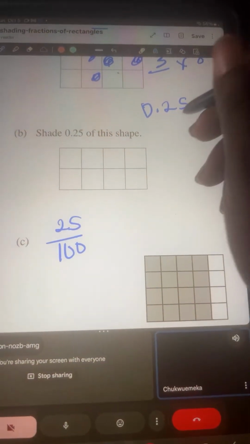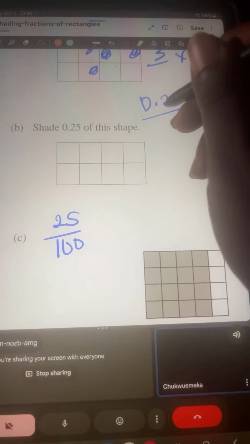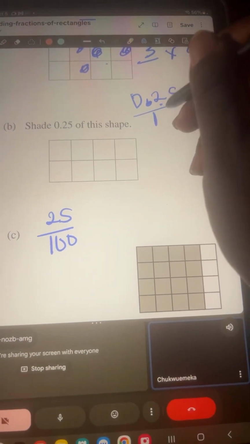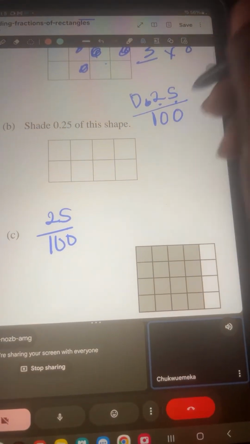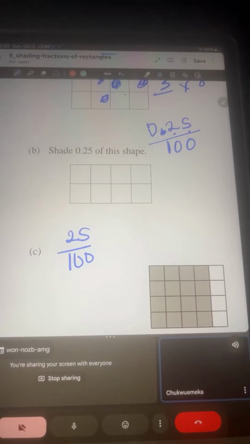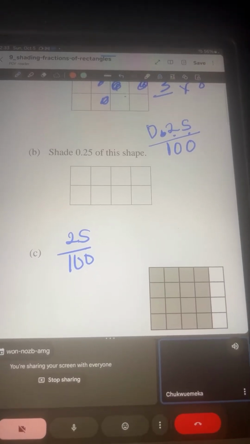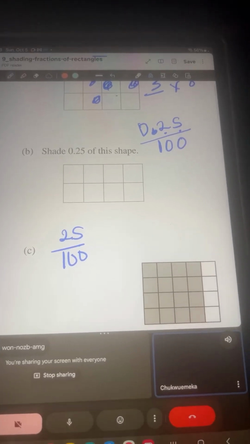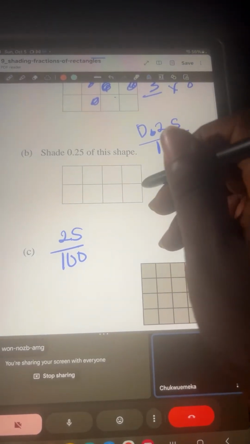This is like if you draw a line where you see the decimal point, you put 1. If you see a number 0, another number is 0, right? So that's actually 25 over 100.